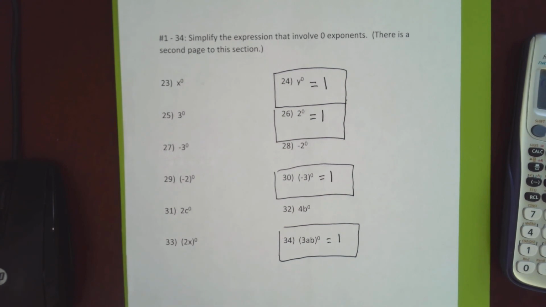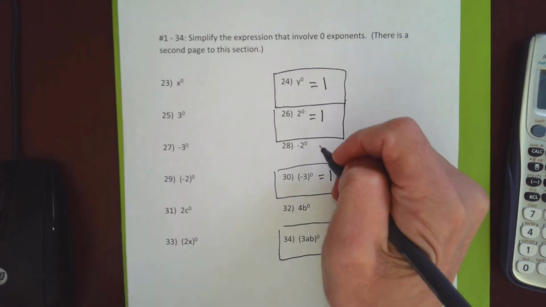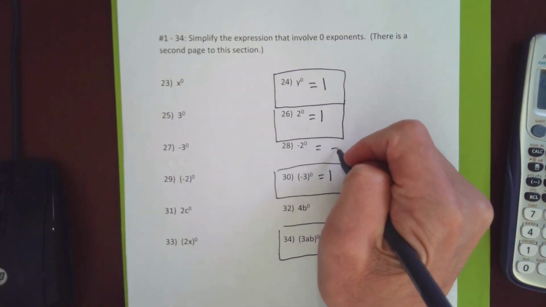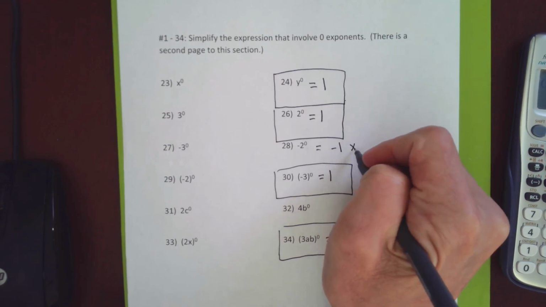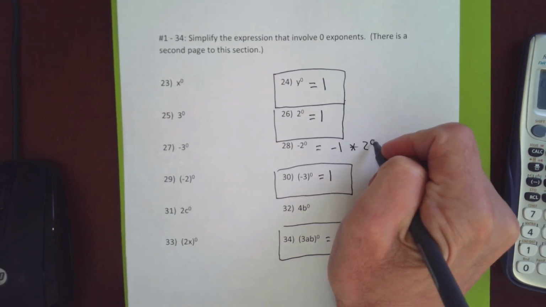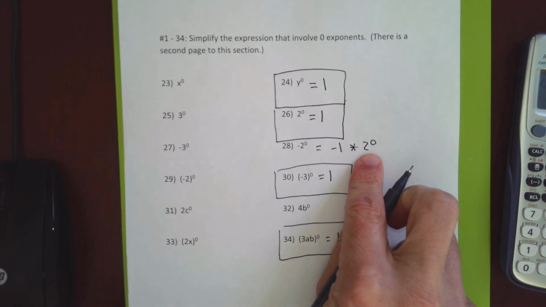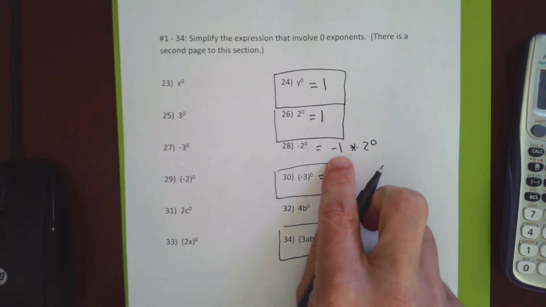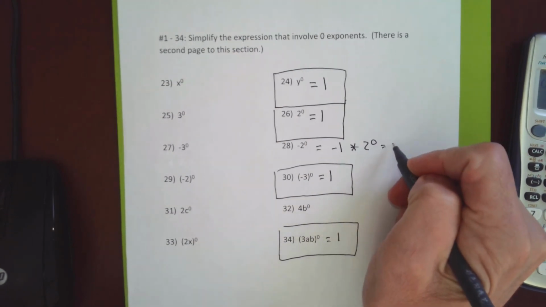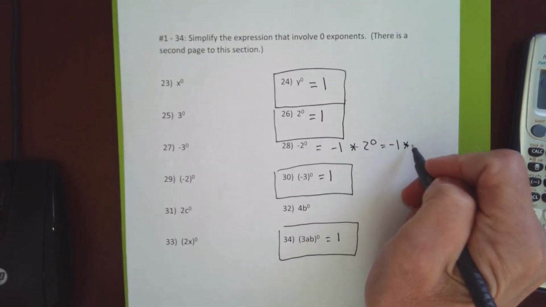The other problems, the even ones that I haven't boxed out yet, I have to think of 28 as negative 1 times 2 to the 0. The 2 to the 0 part is the 1 part of this, but I have to separate the coefficient in my mind. This is really negative 1 times 1.